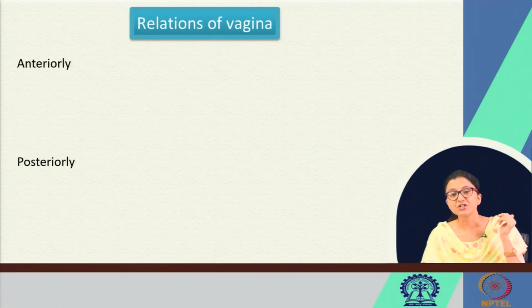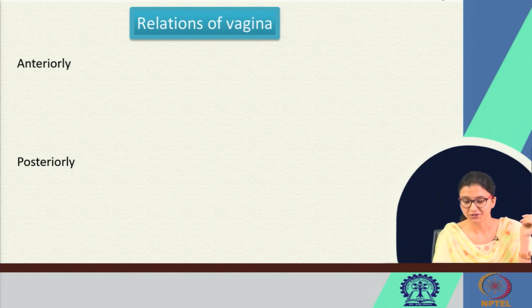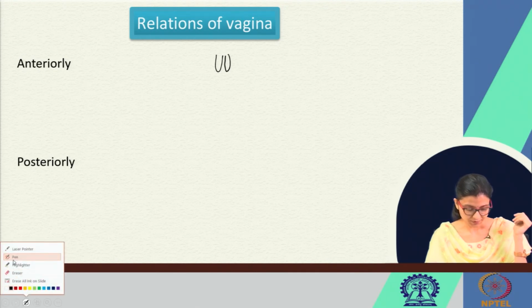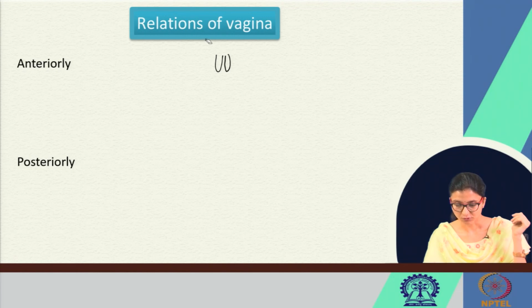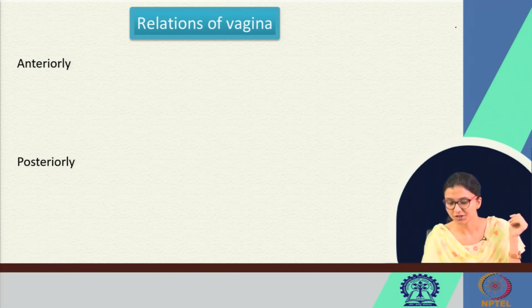Next, the relations of vagina. As I showed earlier, at first there was a picture showing the anterior relations of vagina. Again, I will draw that picture. This is very interesting and very important to know, because during childbirth there can be vaginal injury.